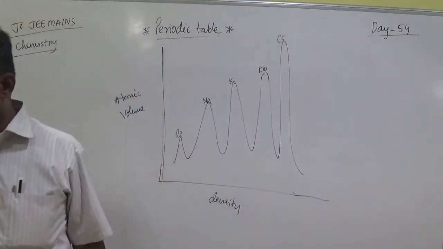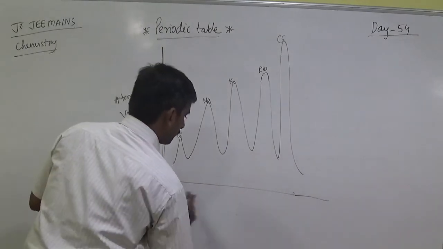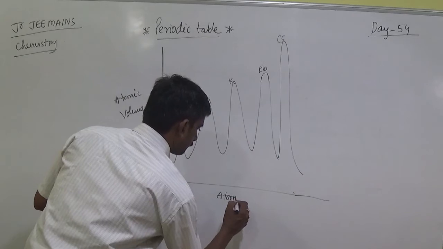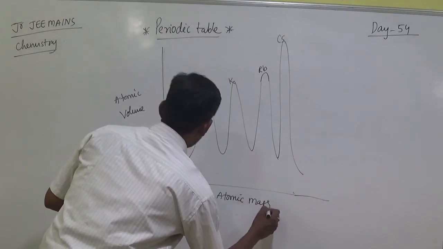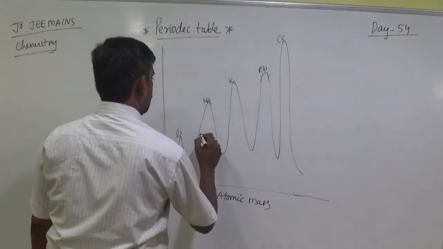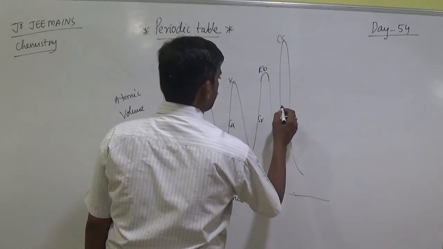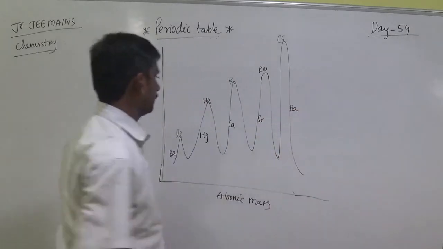Write down the graph. Beryllium, magnesium, calcium, strontium, barium, like that.